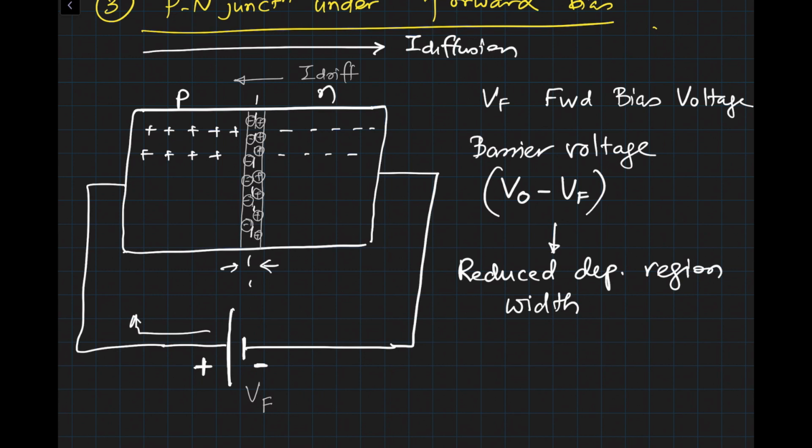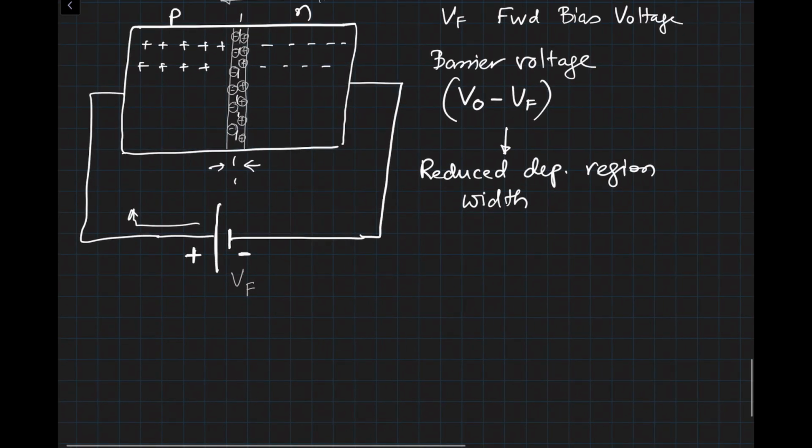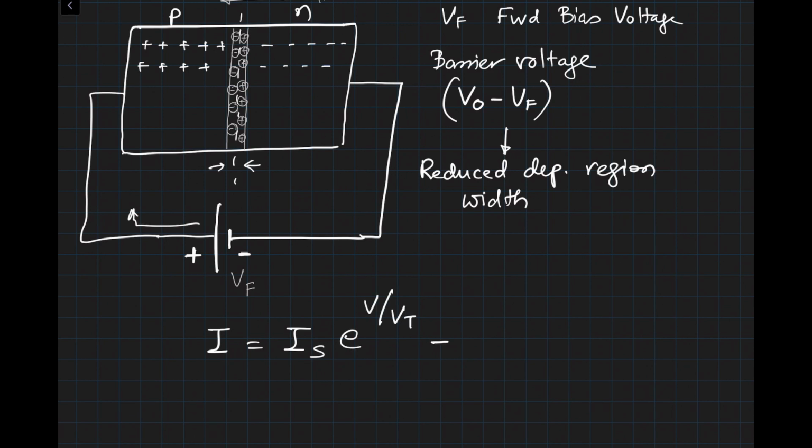It's only in one direction. It will not flow in both the directions. And we can model this part, both diffusion and drift, with a very simple equation. I is equal to Is. I'm going to explain you all the terms. (e to the power V divided by Vt) minus Is.